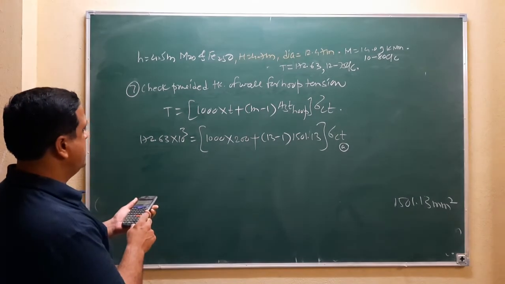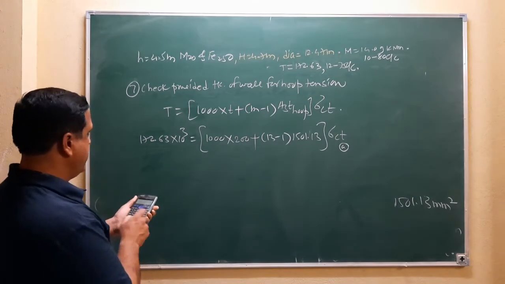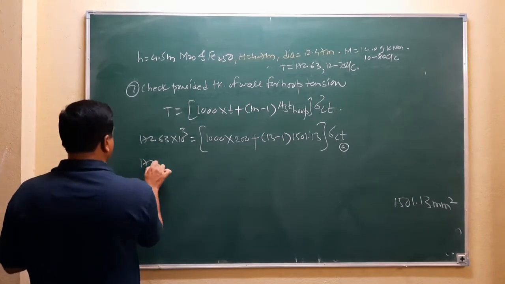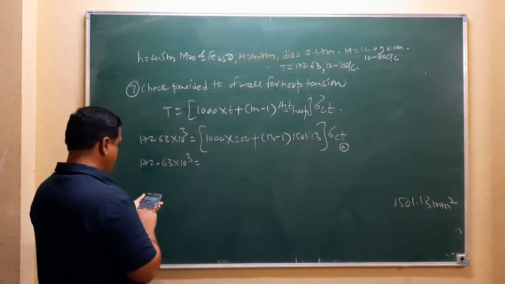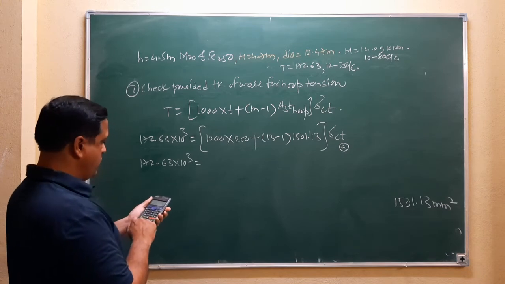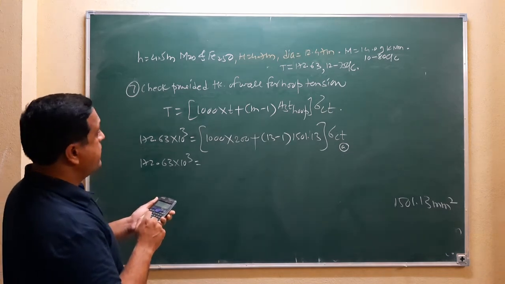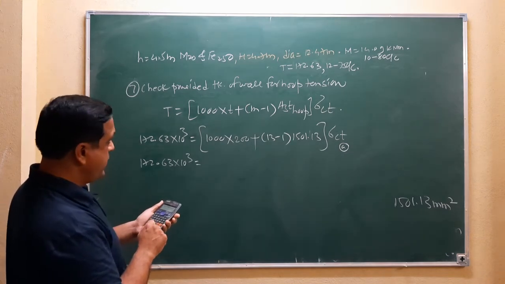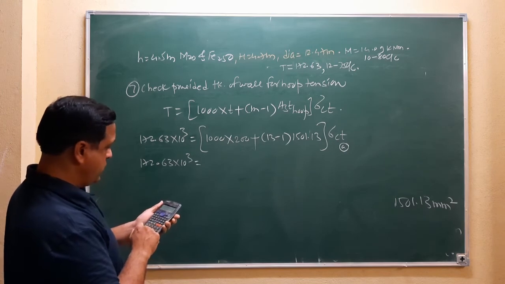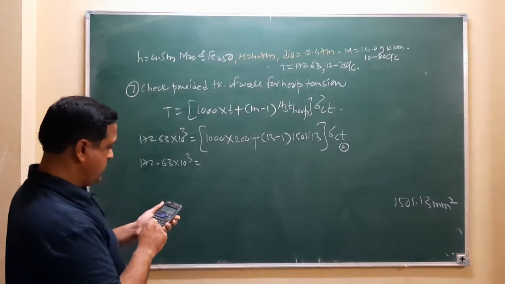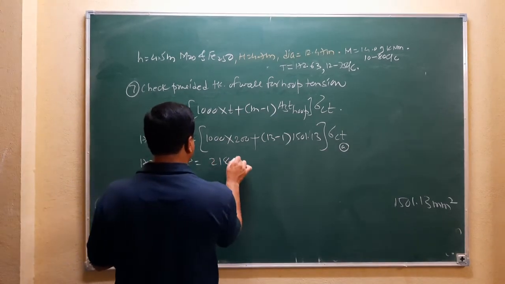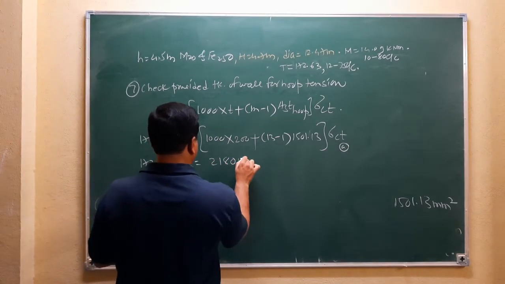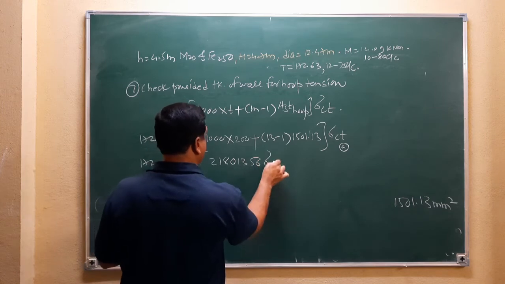So this is 172.63 into 10 raised to 3, 1000 into 200 plus 12 into 1501.13. So this value is 218013.56.